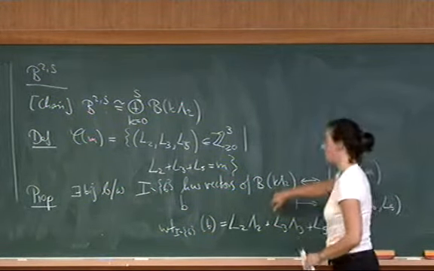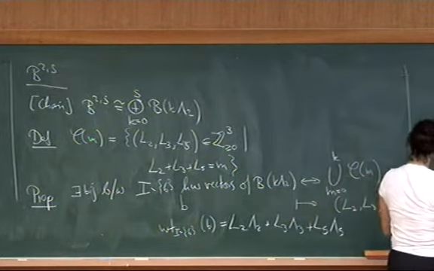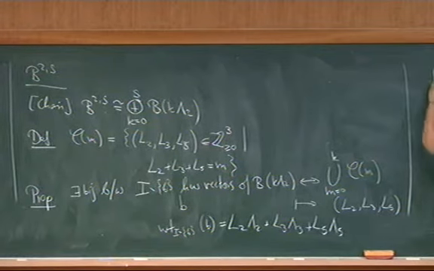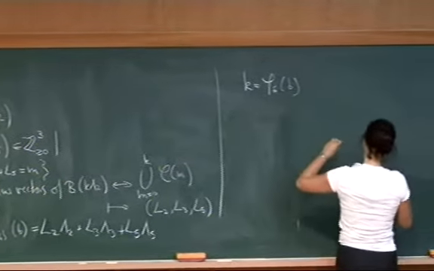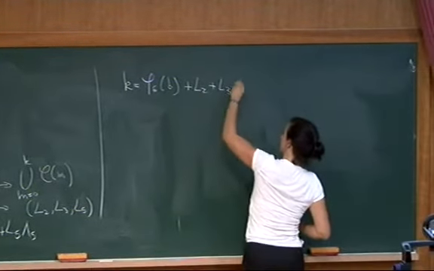And the component K where it sits is also completely specified. Namely, that is given by this weight and the phi6 vector, like the phi6 string of the crystal. So K is equal to phi6 of B plus L2 plus L3 plus L5.